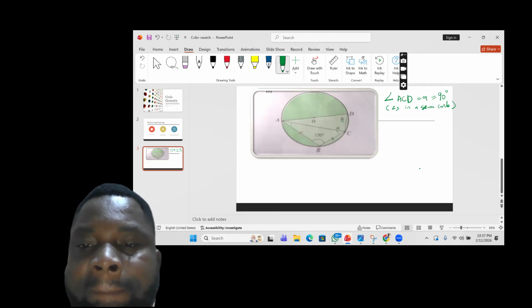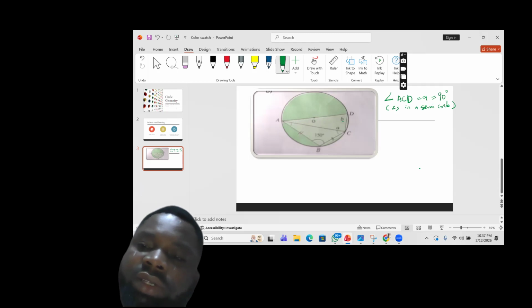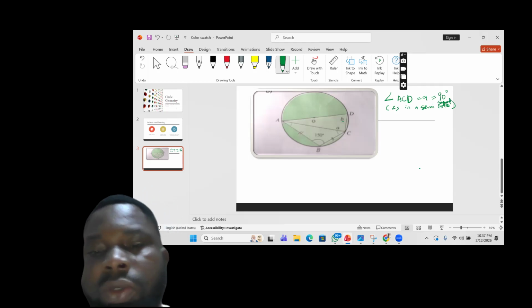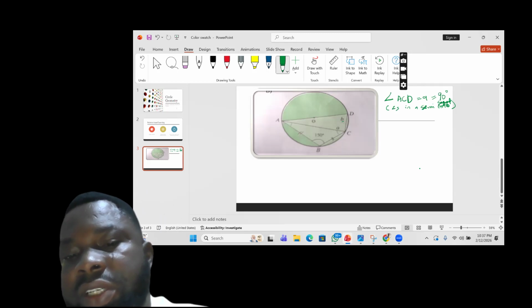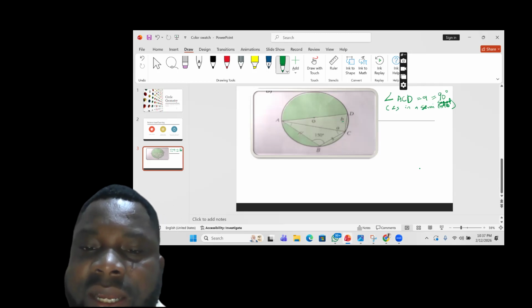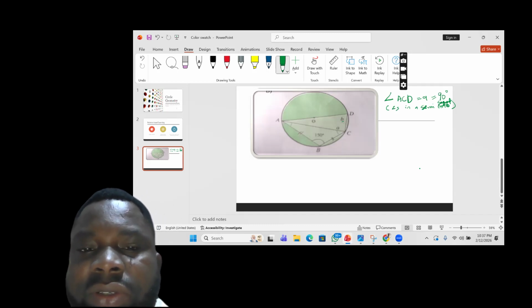So that being settled, we are to find angle B. In fact, finding angle B was a little bit difficult because I wasn't expecting that rule to come in here. Sorry, this is angle in a segment.